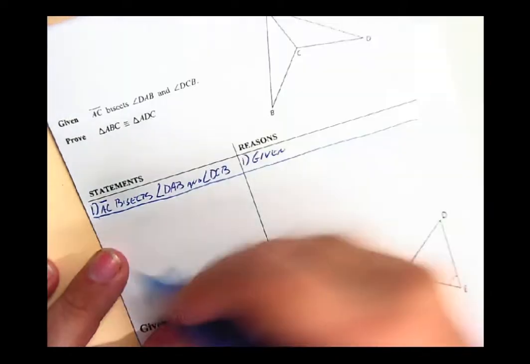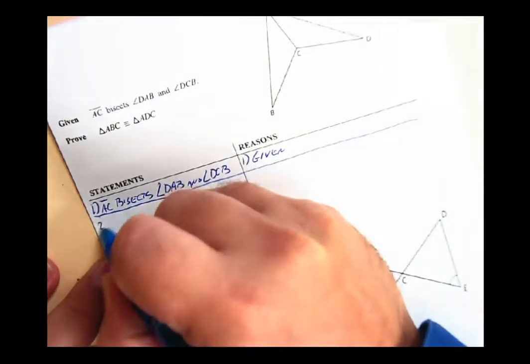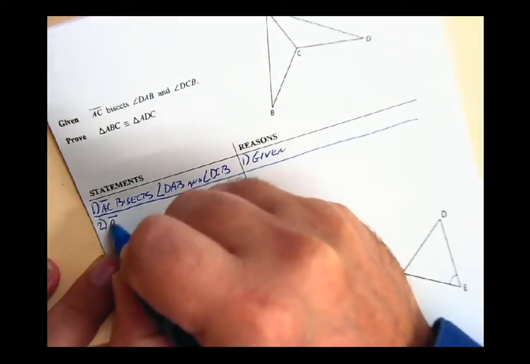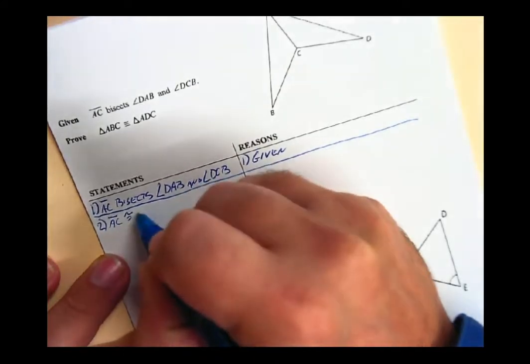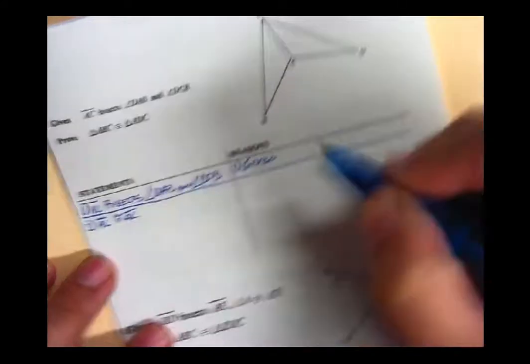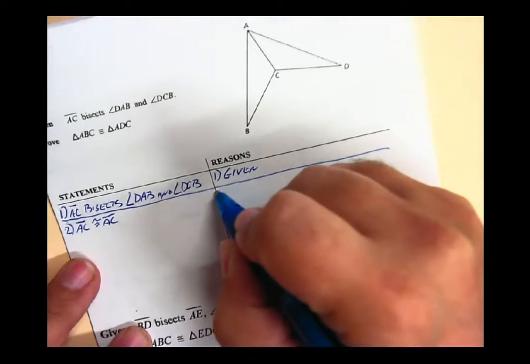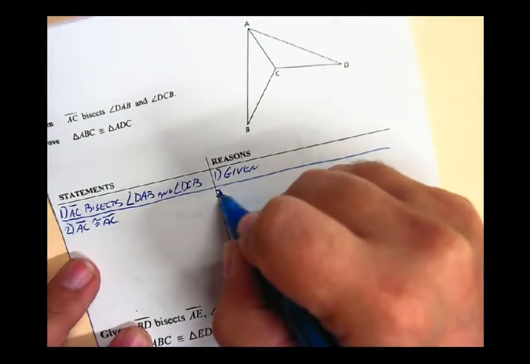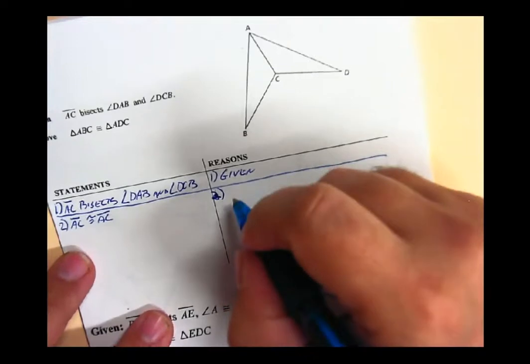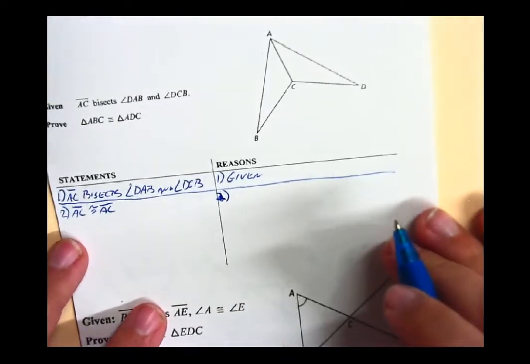Well, let's see. First, let's go ahead and write down that segment AC is congruent to segment AC, because that's nice. Segment AC is congruent to segment AC, and if you will recall, this is the reflexive property.